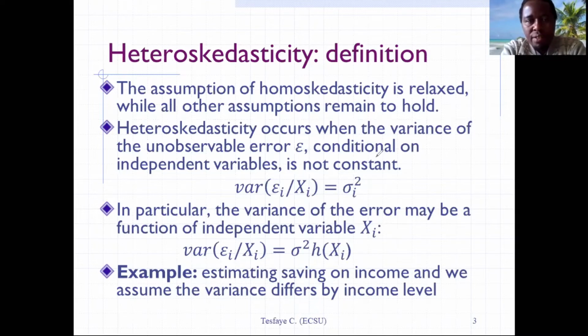Heteroskedasticity occurs when the variance of an unobserved error, the error is not observed, and the variance of that error is not constant for all observations. The symbolical or mathematical expression of heteroskedasticity is this: the variance of the error depends on X. So for sigma squared subscript i, it means that for each observation we don't have constant variance.